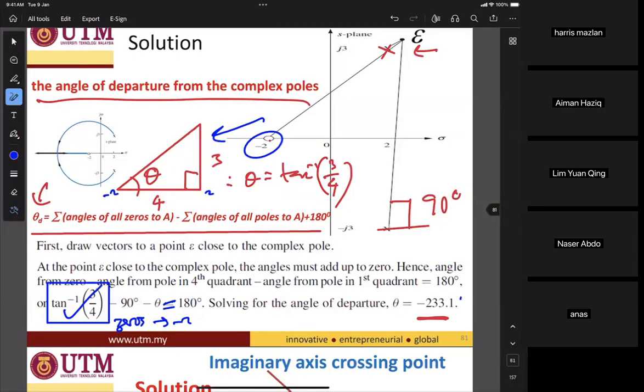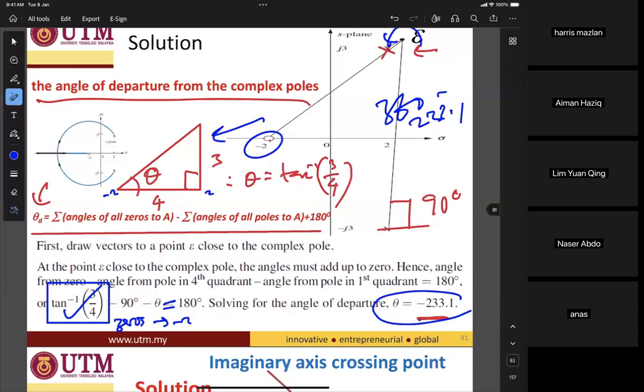So the answer is minus 233.1. I think this one you have to subtract from 360: 360 minus 233.1. Then you get this particular value.